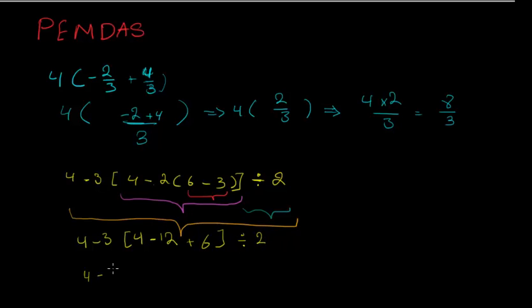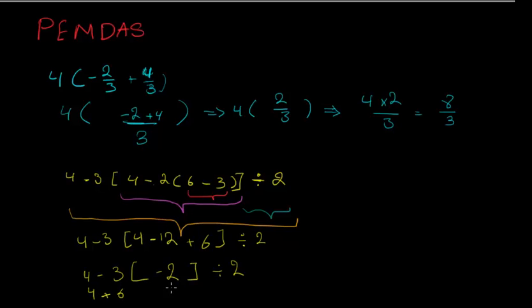Now, we have the bracket, and we add them up: 4 plus 6 is 10, minus 12 is minus 2, and divided by 2. Now, in order to remove the square bracket, we have to multiply minus 3 by minus 2. So we have 4 minus 3 and minus 2 multiplied together.